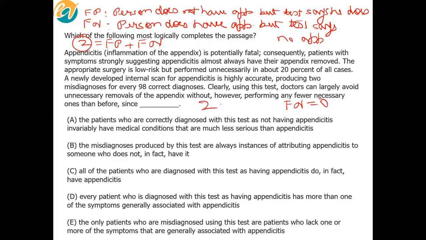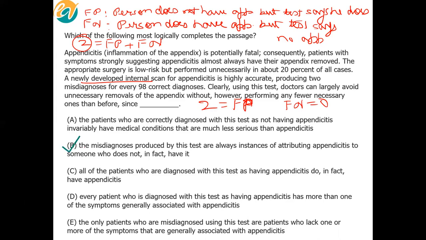Absolutely. Both these instances of misdiagnosis using this newly developed internal scan have to be false positive only. Are we clear? And that's where Baker is the right answer.